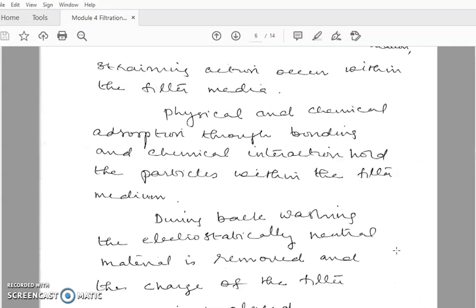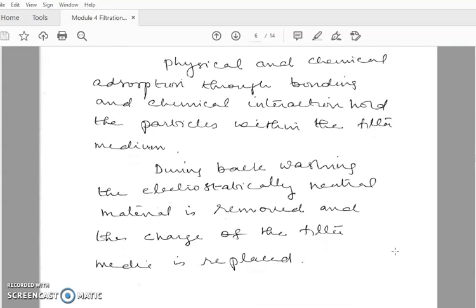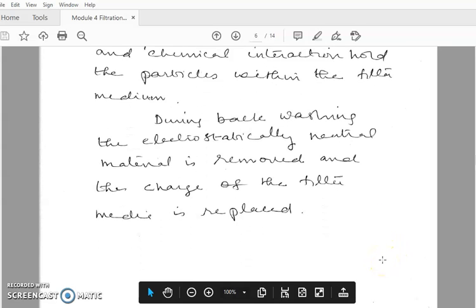That is termed as backwashing or cleaning of the media. This process is based on the type of the filter, how it is washed, or whether it is backwashing or cleaning of the media. So that we will discuss later.